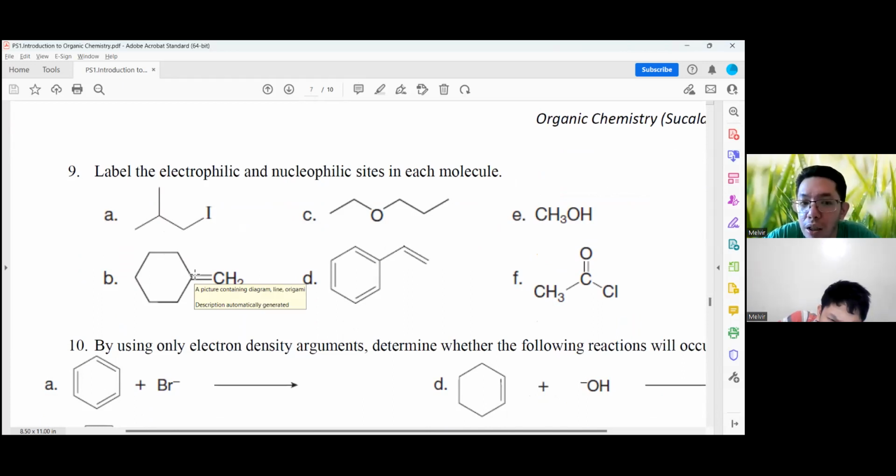Kasi electron rich sila. Electron rich ba ay ano? Okay yan. Electrophilic red. Or baliktad tayo, di ba red ang rich sa electron? Yan. Nucleophilic na lang red. Naalala ko red yun sa electrostatic map.